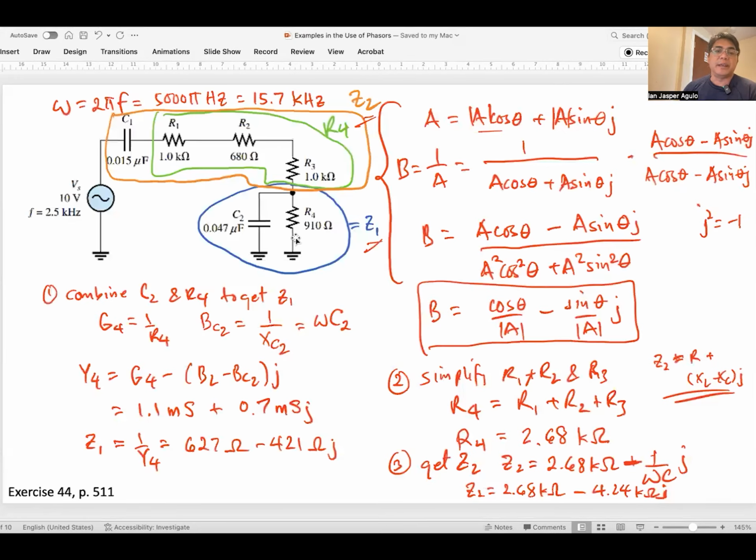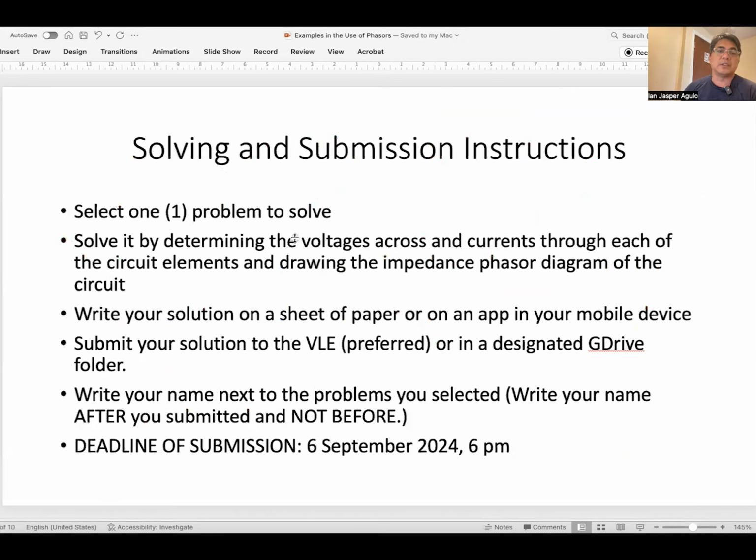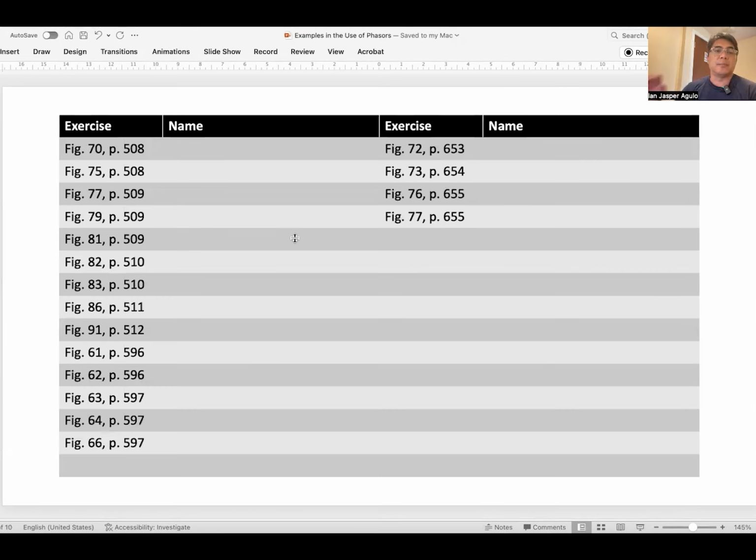As in previous meeting, towards the end, when you scroll down itong slide na ito, you'll find this list of problems. Okay, and makikita niyo rito na instead of yung exercise number, ang nakalagay dito ay yung figure number. So you have to go to the reference material and take a look at the figures.